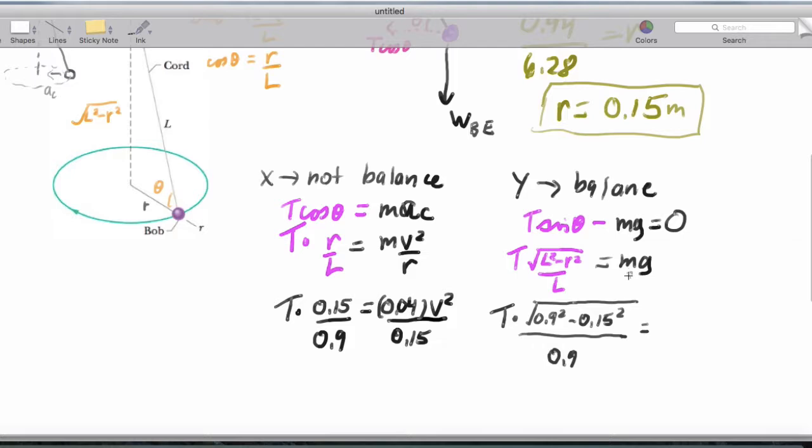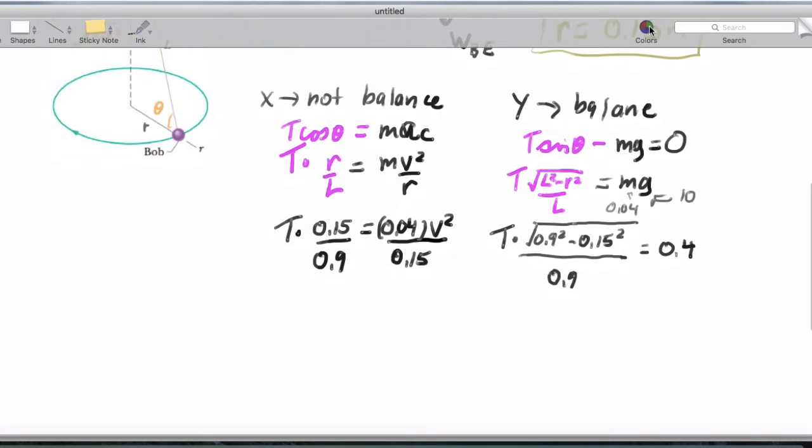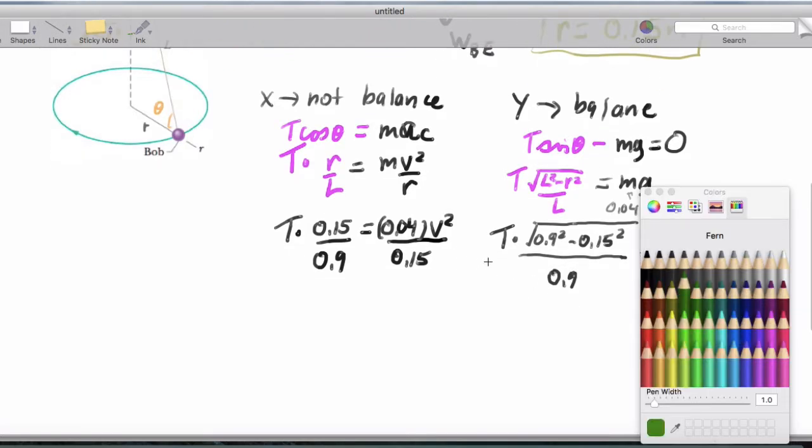That's going to be 0.04 times 10, so I'm going to get 0.4 here. Great. So here's what I'm going to do. I can actually solve for the tension first. And then I'll plug it into equation number 2. So let me go ahead and get the tension.